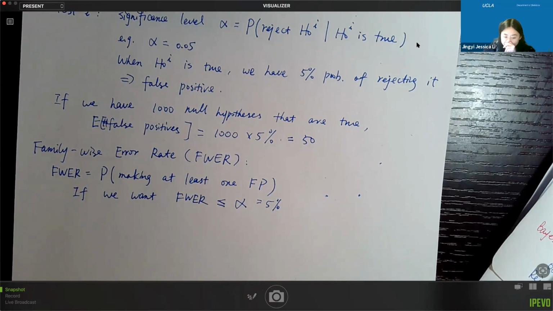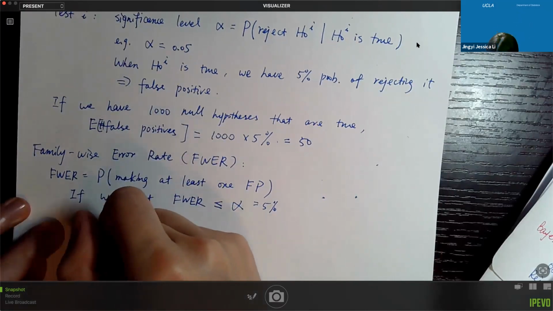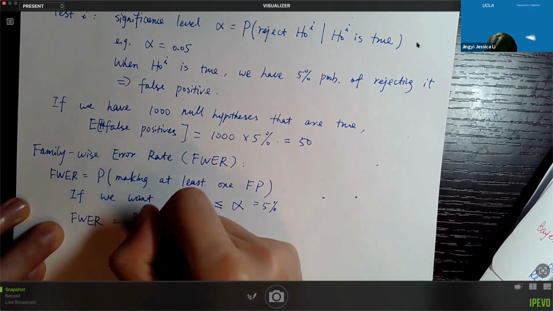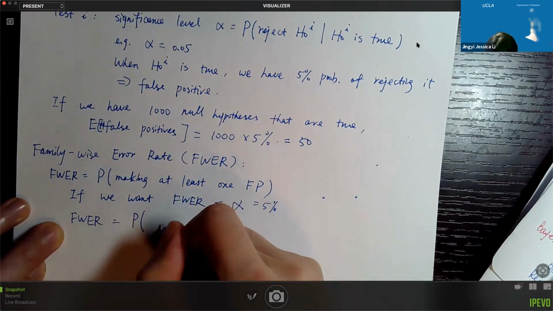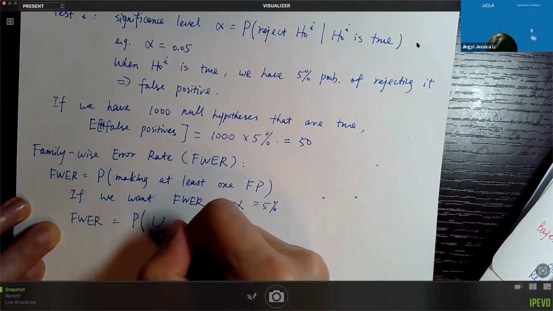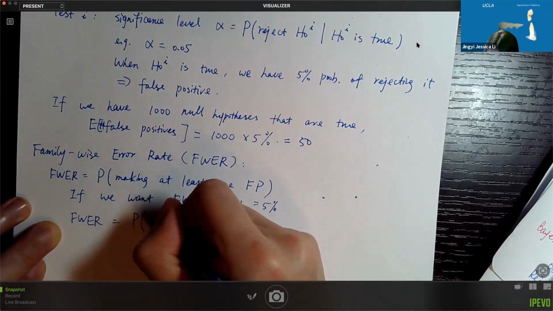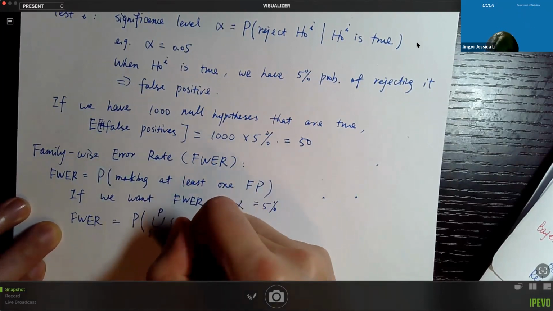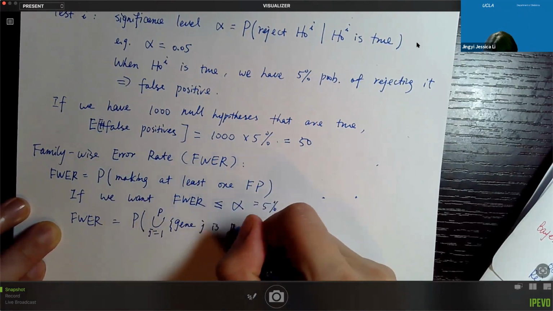So we know a very important inequality in probability. Here, this FWER is just the probability of the union, j from 1 to P, that gene j is a false positive.